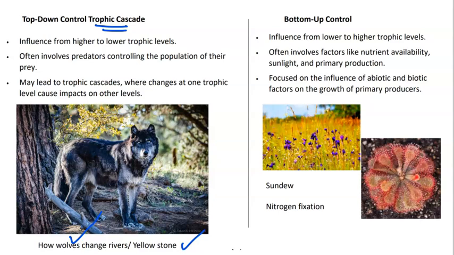And as the population of wolves increased, what was noticed was that this top level, trophic refers to a feeding level, so this top level predator was having effects right at the bottom of the trophic structure, right at the bottom of the food chain, if you like.